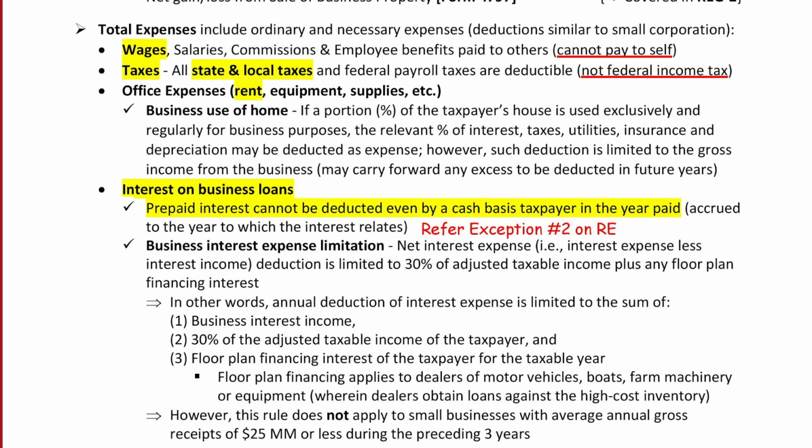Now, there is also, put a box around, a business interest expense limitation. The net interest expense, that's the interest expense less any interest income deduction, is limited to 30% of adjusted taxable income plus any floor plan financing interest.